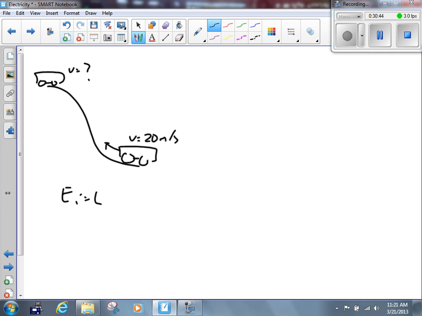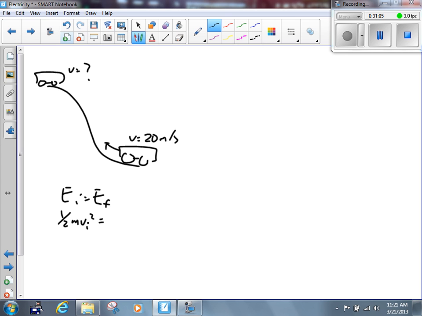EI is equal to EF, of course. What kind of energy do we have at the bottom of the hill at the initial point? Is there kinetic? It's moving, right? Is there potential at the bottom of the hill? No, the only reason it's going to go up the hill is because it has inertia. It's moving, but it doesn't have any potential energy at the beginning of this problem.